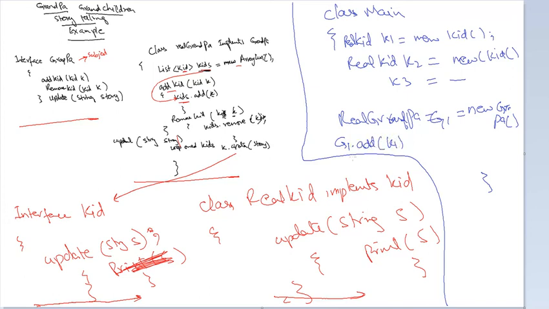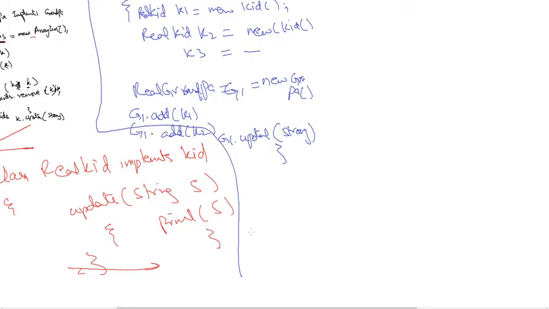We will call then g1 dot add k2. Okay, and then we will call g1 dot update and put our story string in here. And what will happen?